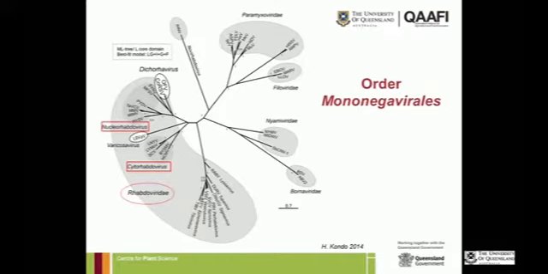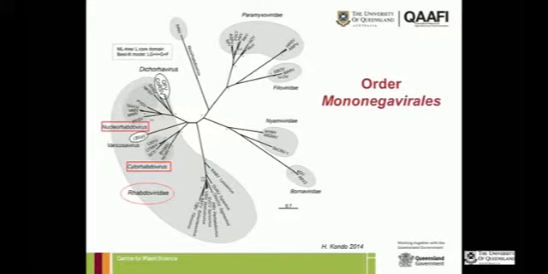So you'll see in this somewhat enlarged area of the Rhabdoviruses, there's a group down the bottom where you see the rabies virus as one of the representatives. This is all the animal infecting Rhabdoviruses.